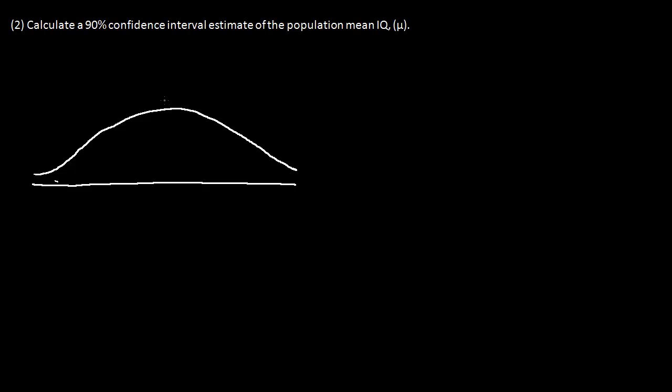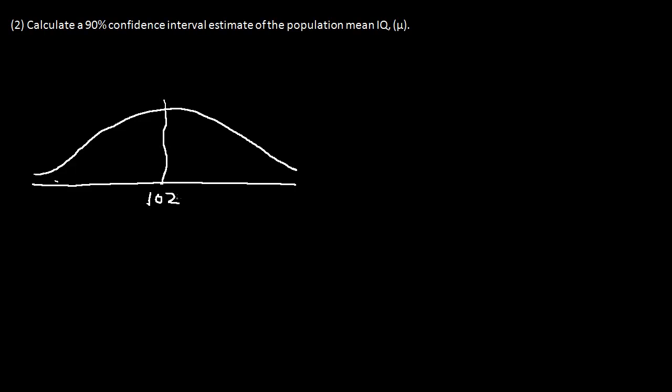Calculate the 90% confidence interval estimate of population mean IQ. It's not that difficult, because this time we're still talking about the same population distribution.